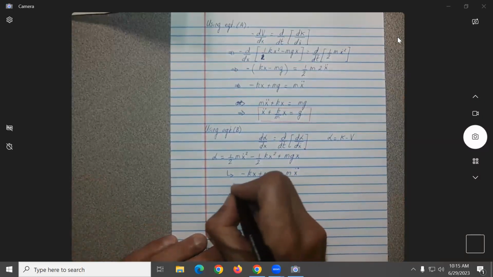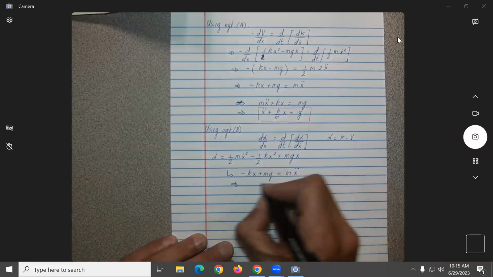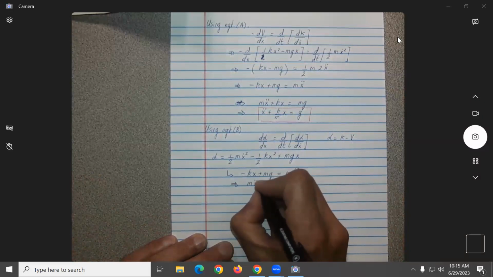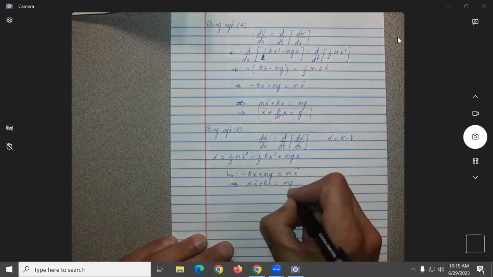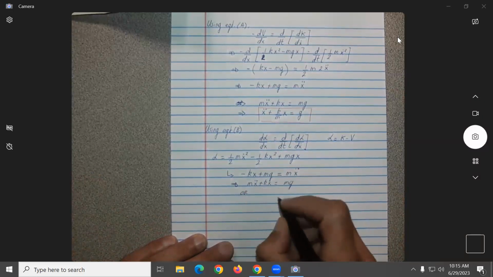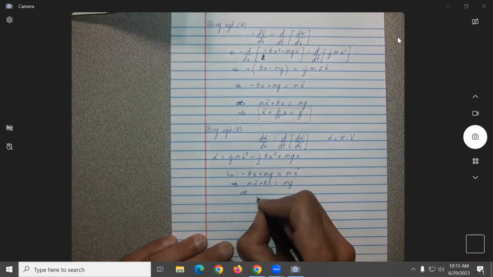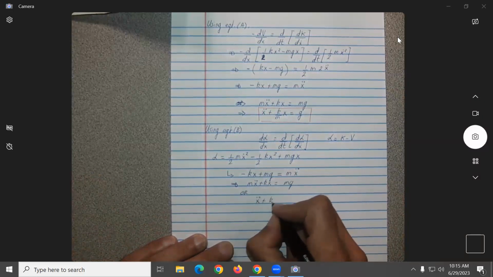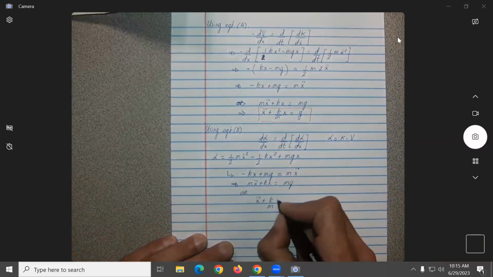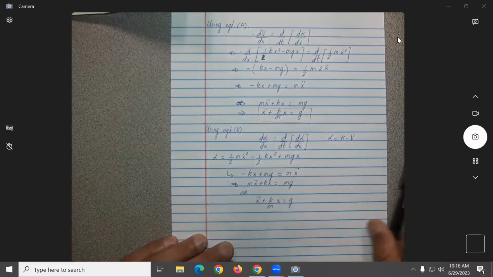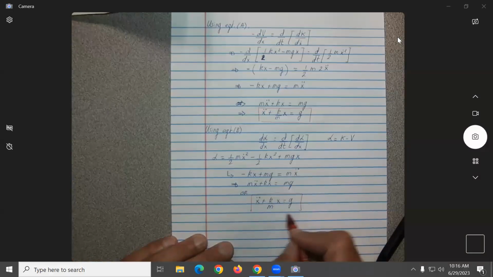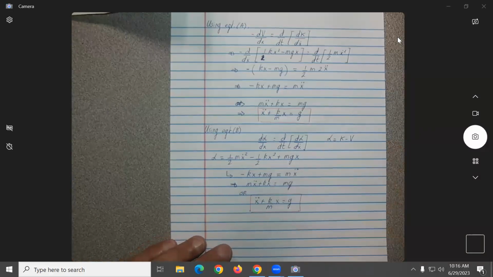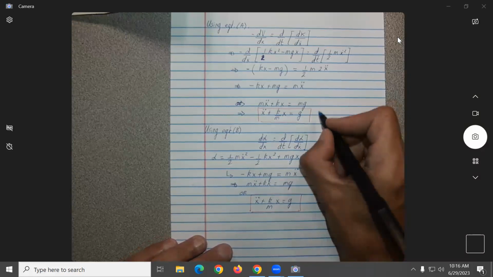So let's say this will give us m x double dot plus kx equal to mg, or let me just write it, x double dot plus k over m x equal to g. Okay, and I think I forgot to put this one. Maybe let's put it now because I think that's the whole idea.